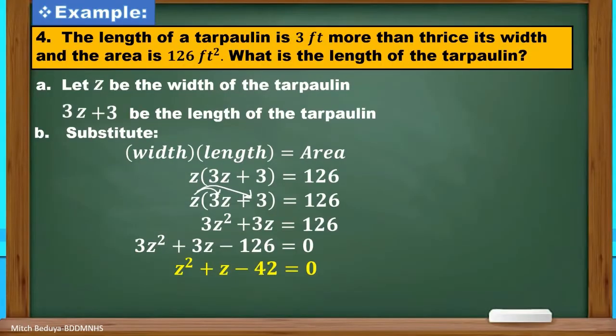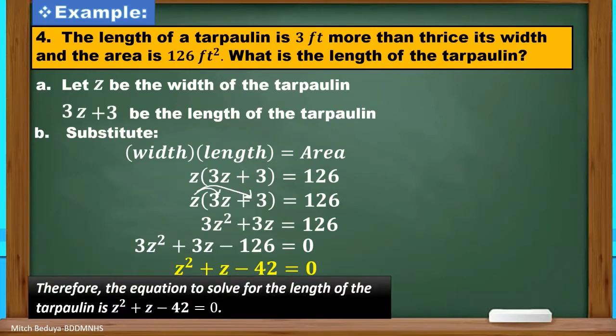Reduce the equation by dividing each term of the equation by 3. So the equation becomes Z squared plus Z minus 42 equals 0. So therefore, the equation to solve for the length of the tarpaulin is Z squared plus Z minus 42 equals 0.